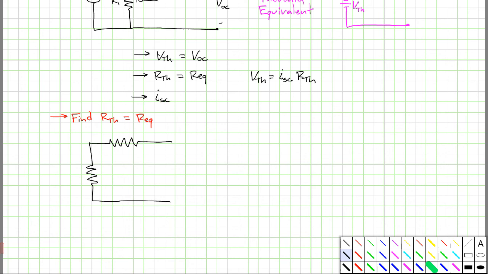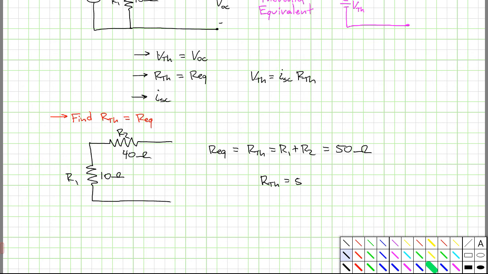And I basically just end up with my R1 here, which is 10 ohms, and my R2 here, which is 40 ohms. So my equivalent resistor, which happens to be my Thevenin resistor, is R1 plus R2, which in this case would be 50 ohms. So I just found my Thevenin resistor. Alright, that was pretty easy.